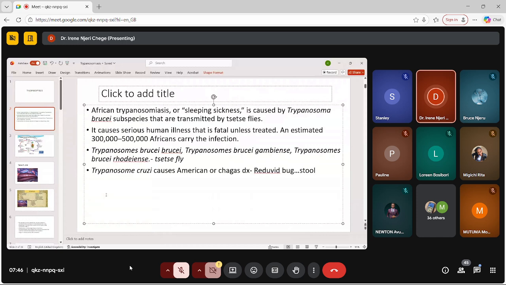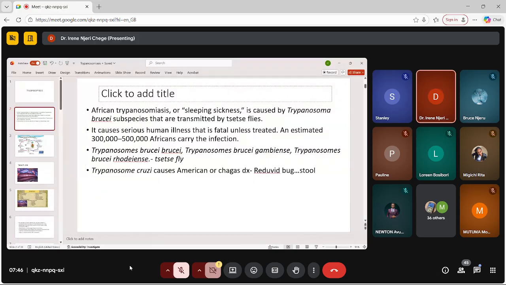So in T. brucei, only the trypomastigote forms are present. Those are just small notes, don't write, it's okay. In gambiense and rhodesiense, from your microbiology, you need two hosts.